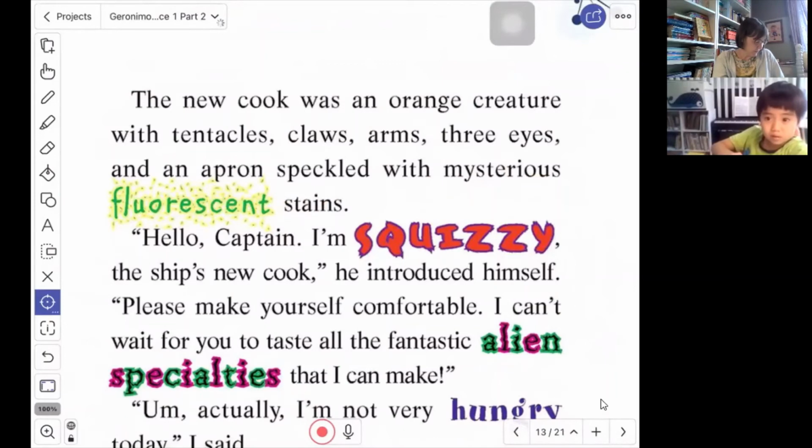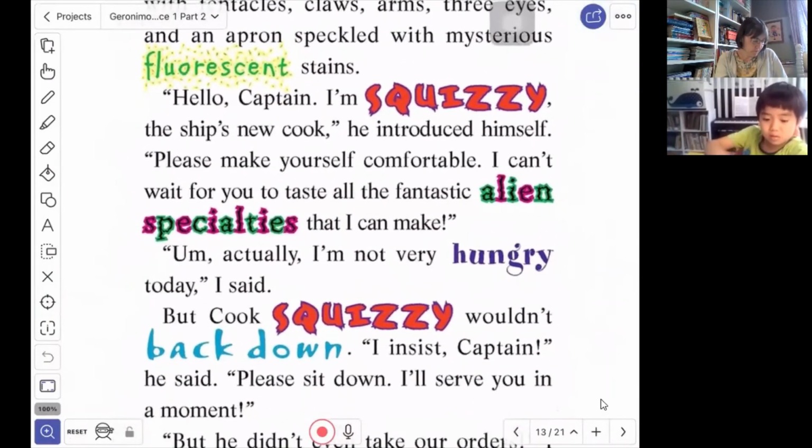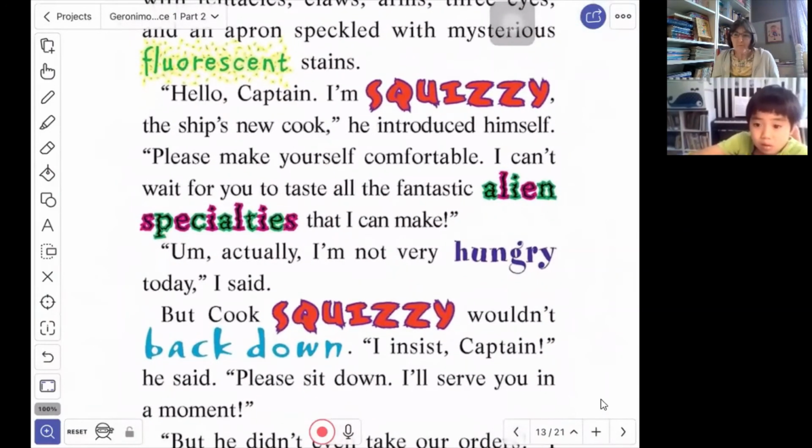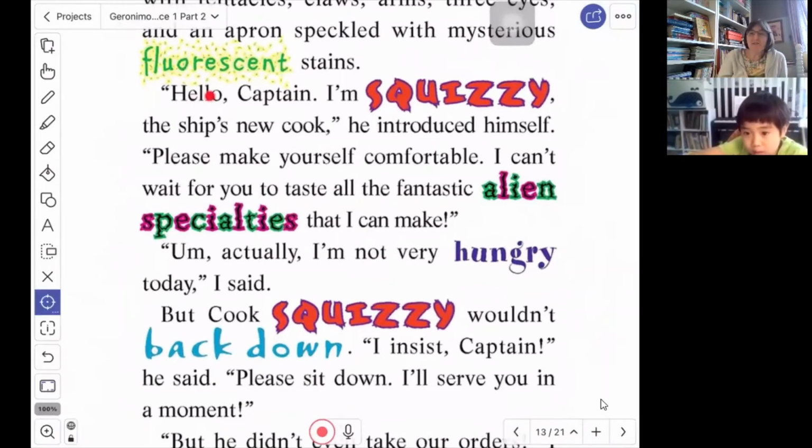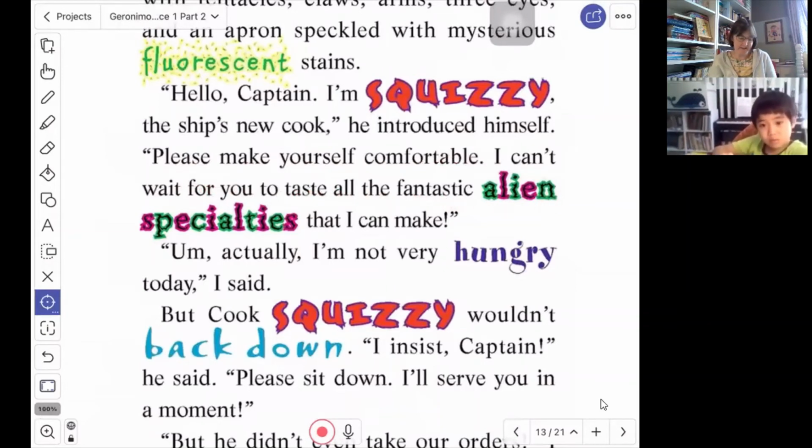Or did we go a little further? Let's see. So the cook says to Captain Geronimo, hello, Captain, I'm Squizzy, the ship's new cook. He introduced himself. Please make yourself comfortable. I can't wait for you to taste all the fantastic alien specialties that I can make.